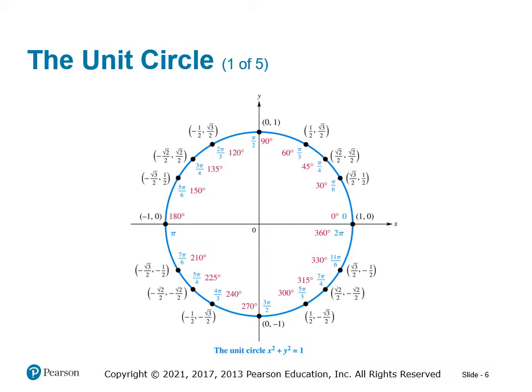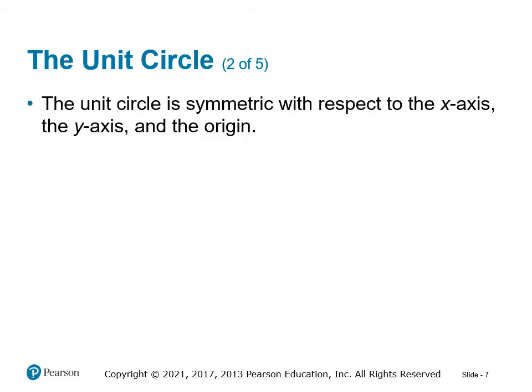In quadrant 2, we start from the x-axis and go up to 30, 45, 60. When we get the reference angle of 30, the actual angle is 150. Notice the values are the same, but the polarity of x and y changes depending upon the quadrant that you're in.